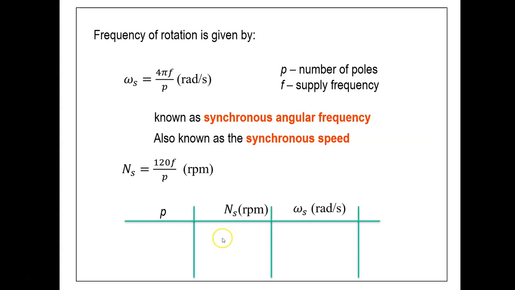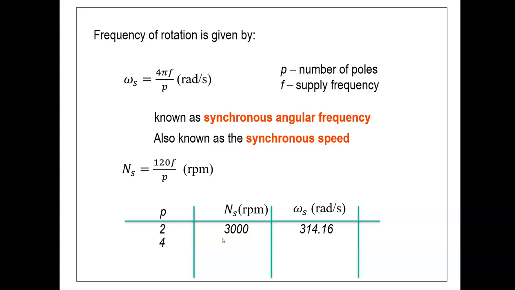For example, for a 50 Hz system, if P is equal to 2, which means that the number of poles is 2, then Ns in RPM is equal to 3000, and omega S, which is the synchronous frequency, is equal to 314.16 radian per second.